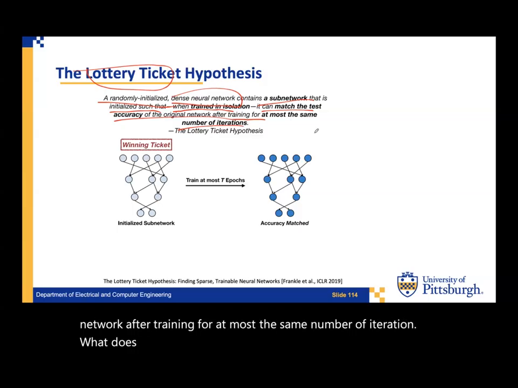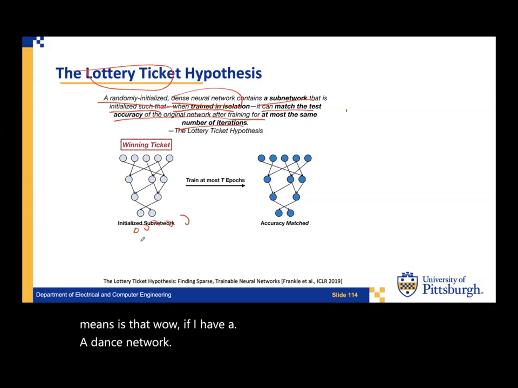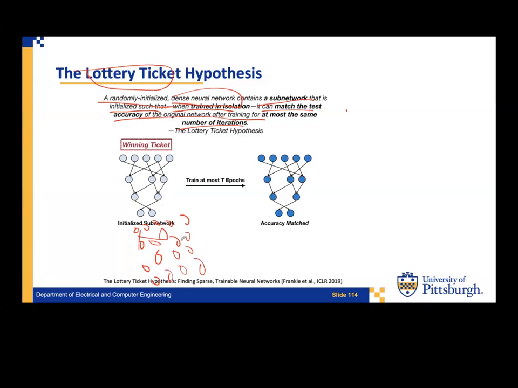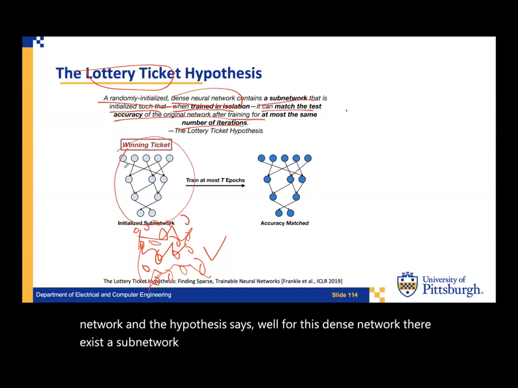What does that mean? Let me see. If I have a dense network, with all these connections, the hypothesis says that for this dense network, there exists a subnetwork like this, which is a subnetwork after you somehow prune it.